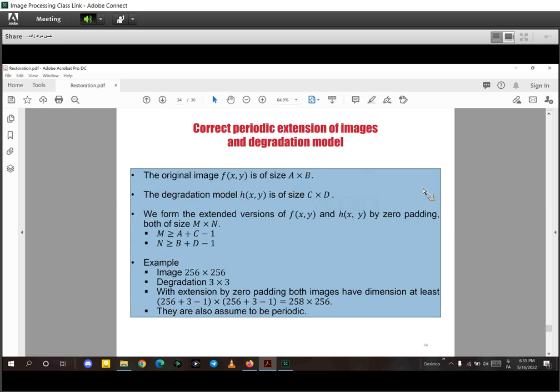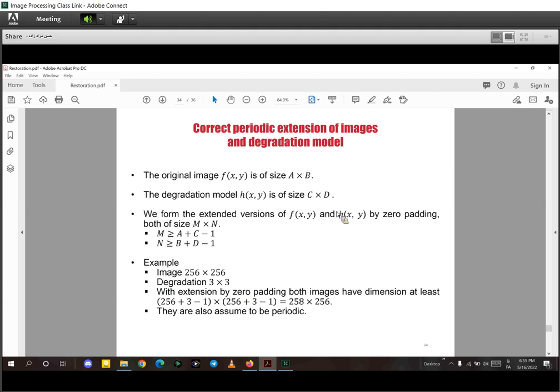I don't know why I can't type. If you remove the equal sign, M is larger than A plus C, and N larger than B plus D.